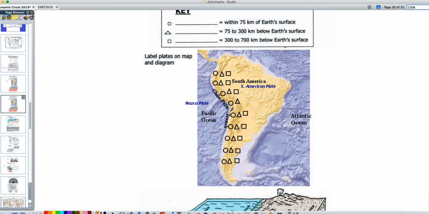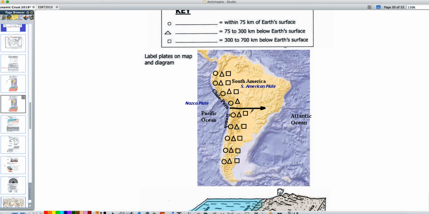As you travel eastward from the Chile-Peru trench, what happens to the depth of the earthquakes? As distance from the trench increases, earthquake depth does what? And your answer is that as you travel eastward from the trench, earthquake depth increases. The earthquakes are getting deeper.